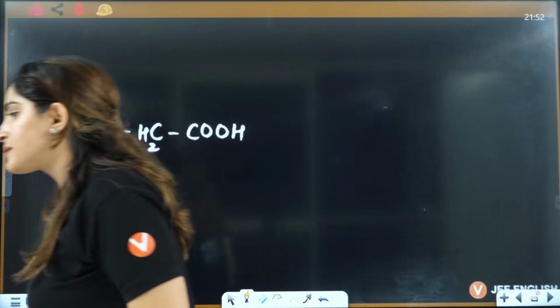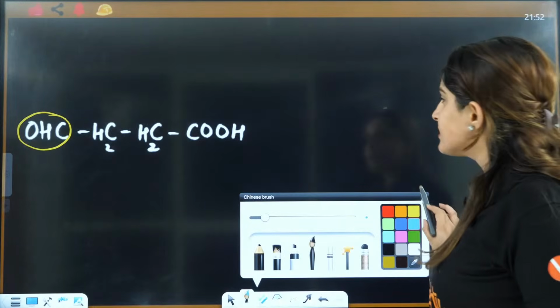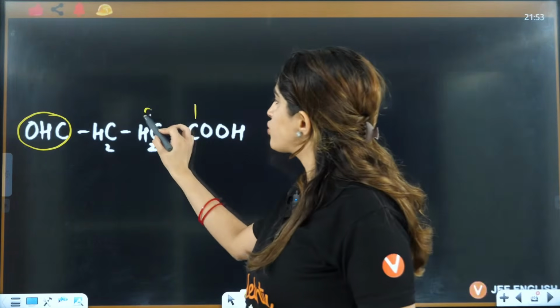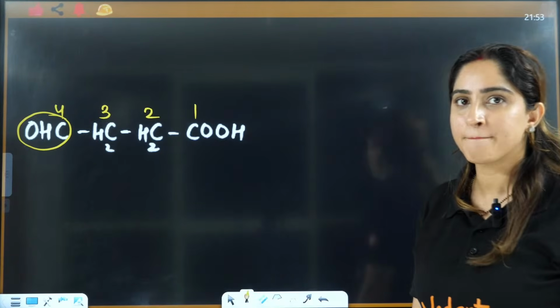Substituent is that one, isn't it? Substituent is this one. So can I say that this will be 1, 2, 3 and 4, right?